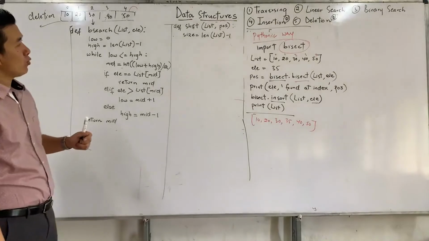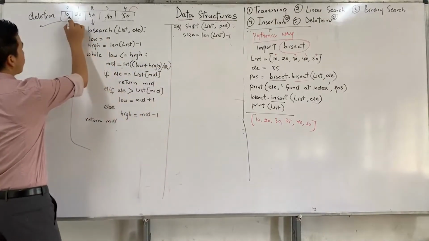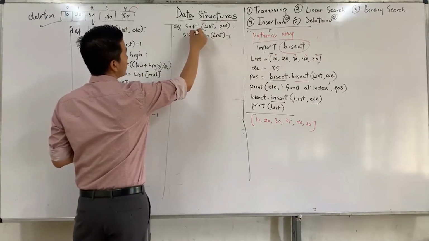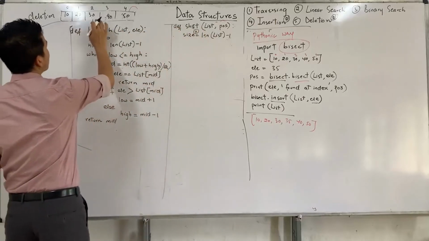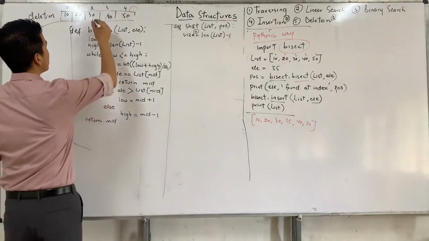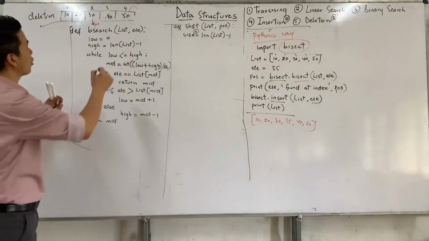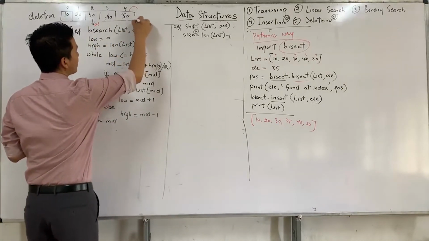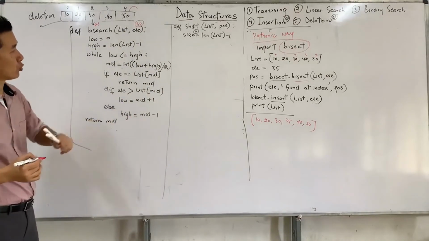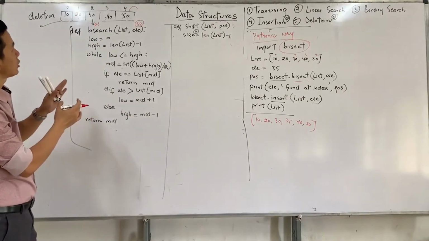The length of list is 1, 2, 3, 4, 5, so 5 minus 1, the value of size is 4, so indexes 0, 1, 2, 3, 4. Say if you look for the element 30, the answer will be 2. So the index value of 30 is 2.